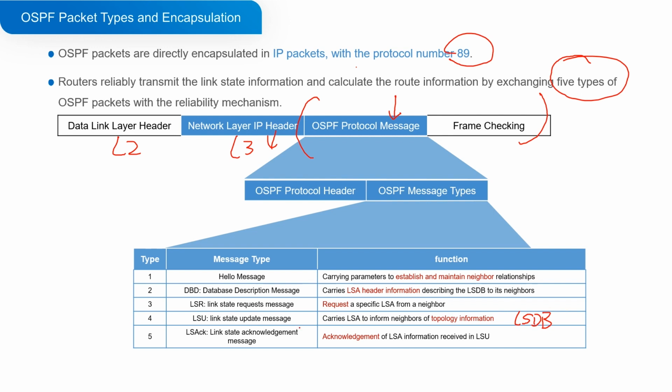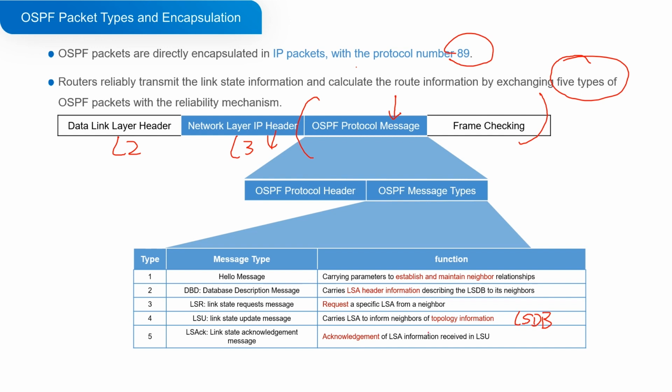Okay. So after we exchange the LSU information, to reply to the LSU, we will use the LSAck. The LSAck is a link state acknowledgement message. When the router receives the LSU, the router has to use the LSAck to reply to the peer router: I have received your LSU message.